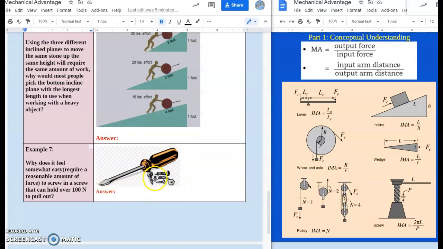And whenever I screw down on a screw, whenever I twist my screwdriver 1 centimeter, this thing might only go in about 1/10 of a centimeter. So I'm exchanging like 100 centimeters of motion for this to go in 1 or 2 centimeters. I'm using 2 simple machines, and I'm moving it like 100 times in terms of twisting it or turning it, in exchange for it to go in 1 or 2 centimeters. Think about that.